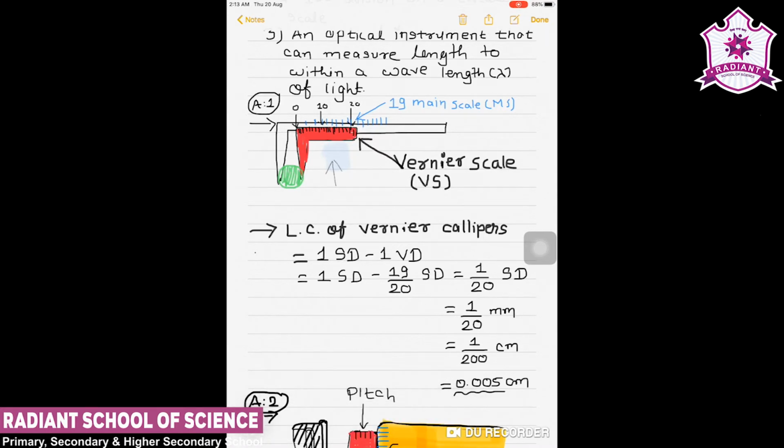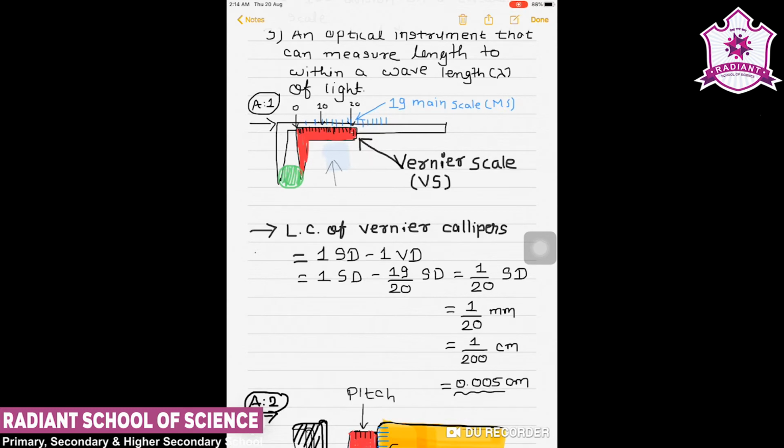It is given that 1 SD, this SD meaning the original scale division, that is the main scale division, also written as MS. So 1 division on the main scale minus 1 VD is the least count of the vernier calipers.